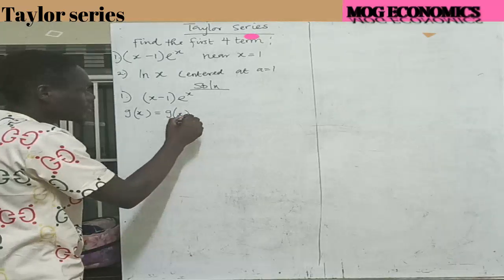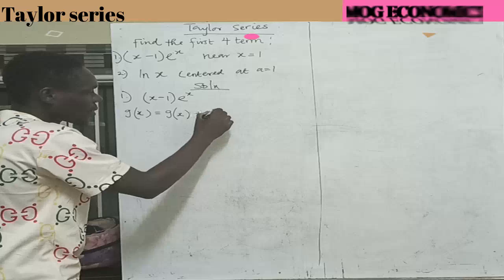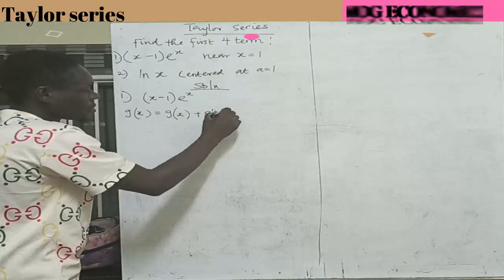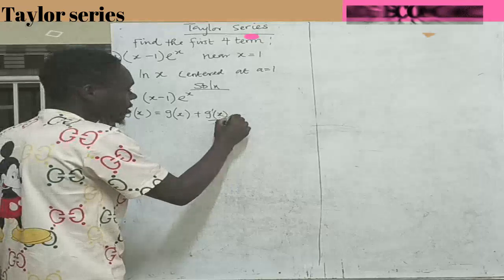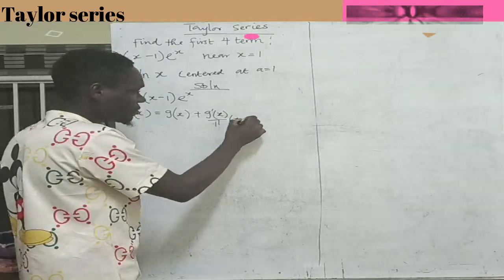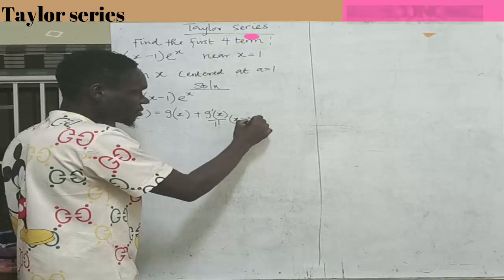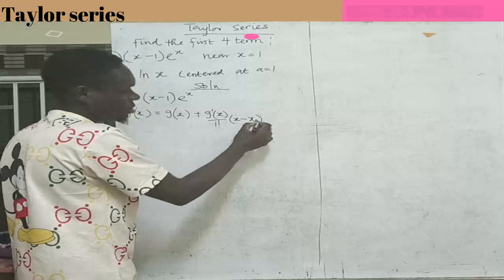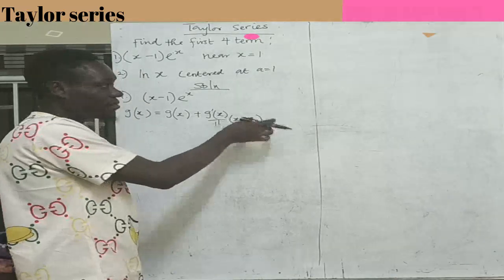Let's just have this, and the first order. Here you open another bracket just to show deviation. So this is a measure of the deviation.